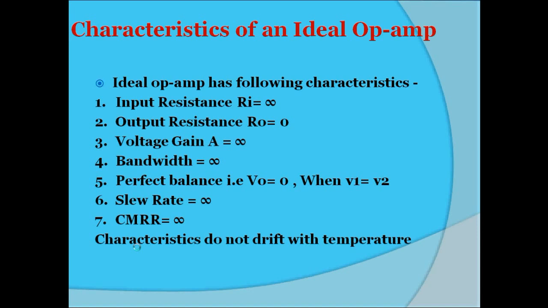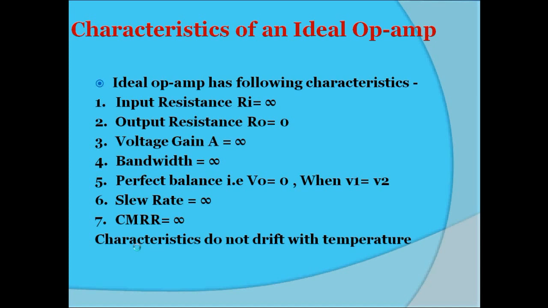Zero output voltage when input voltage is 0. Infinite bandwidth, so that any frequency signal from 0 Hz to infinity Hz can be amplified by the op-amp without any attenuation. Infinite common mode rejection ratio, that is CMRR is equal to infinity, so that the output common mode noise voltage is 0.